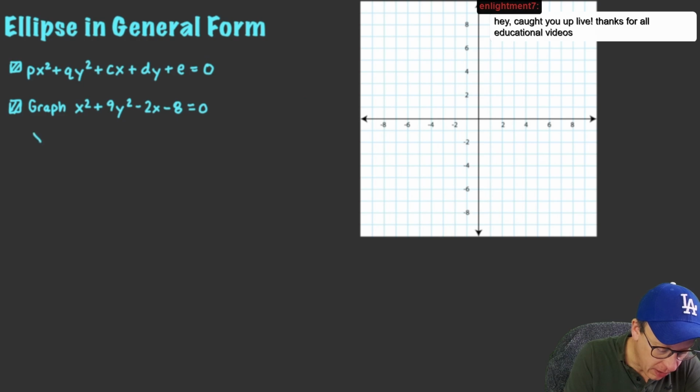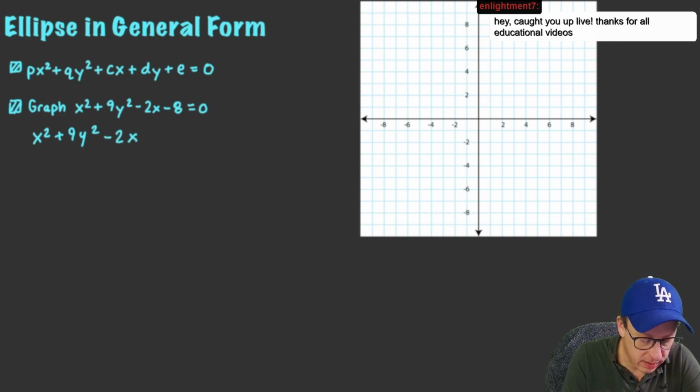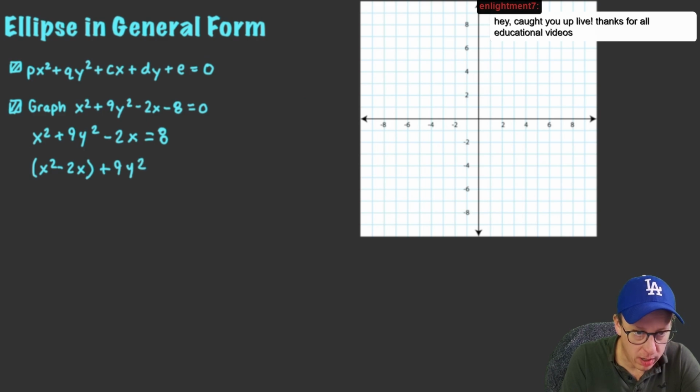So this is going to be x squared plus 9y squared minus 2x equal to 8. And then what we can do is factor out the coefficient of squared terms. So we'll get x squared minus 2x plus 9y squared, which is going to be equal to 8.